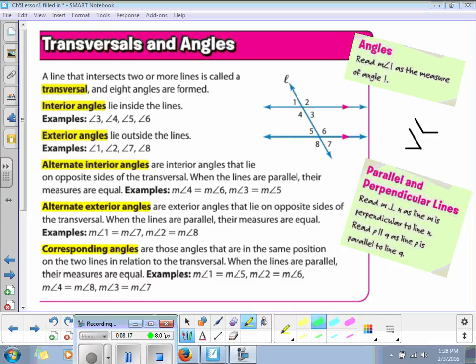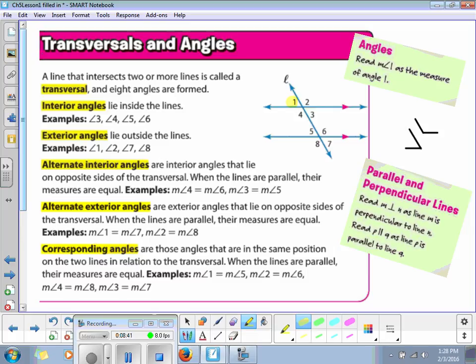If it's on the bottom of the line up here, then down here it's going to be on the bottom of the line. You got it? Okay. So, corresponding angles, if I'm looking at angle 1, which one corresponds to angle 1?